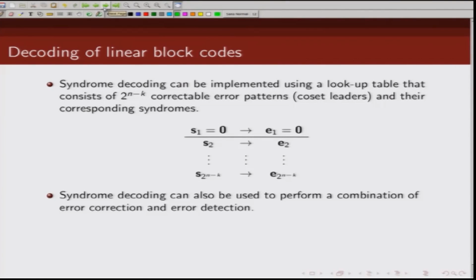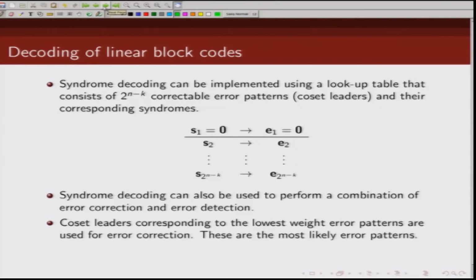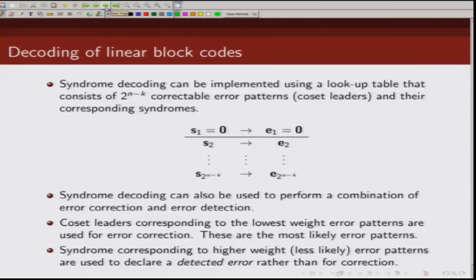Now, we can use this syndrome decoding for both error correction and error detection, and we will give an example to illustrate this. Again, as we said, the coset leaders corresponding to lowest weight error patterns are essentially used for error correction, and these are the most likely error patterns according to the maximum likelihood rule.